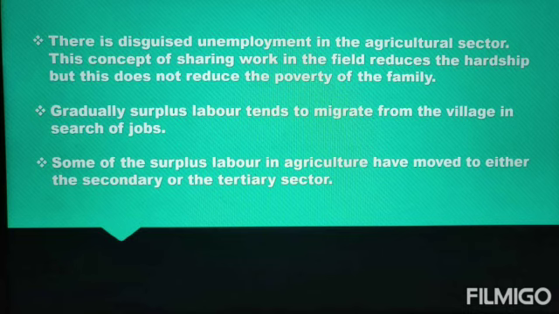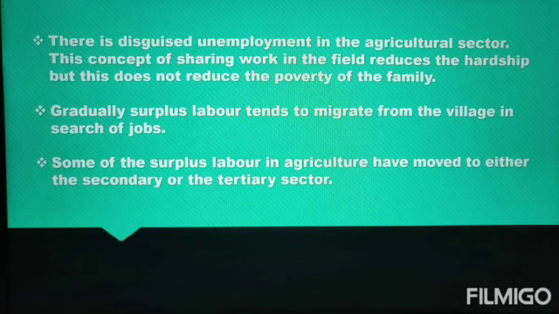Let us discuss the employment scenario in the primary, secondary and tertiary sectors. We know that agriculture is the most labor absorbing sector. Today also, India is an agricultural economy, and the majority of the population is involved in the agricultural sector.